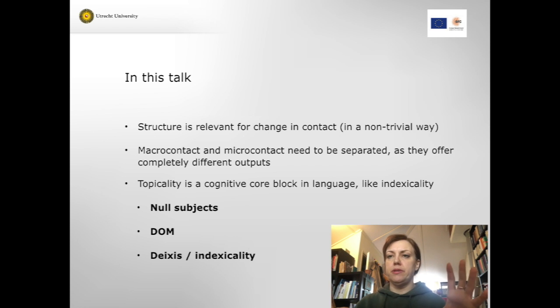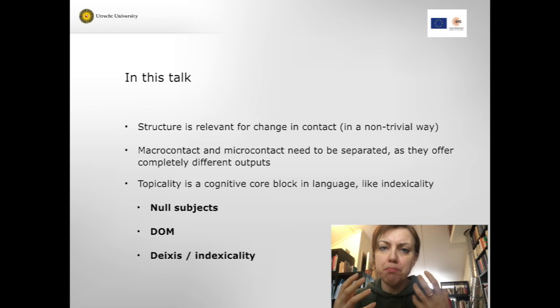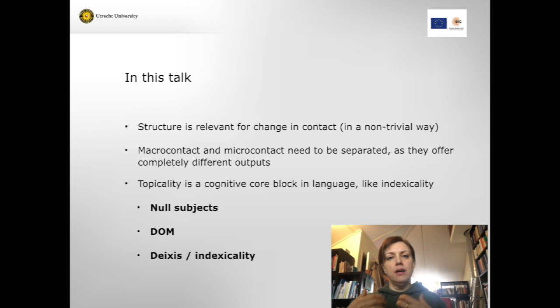Macrocontact is hereby defined as contact between languages that are parametrically distant, that, let's say, roughly do not belong to the same family, but also that have a set of macro parameters, intended in the Roberts and Baker way, that is substantially different from that of the contact language.